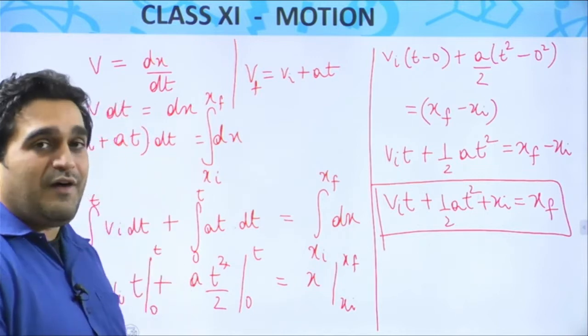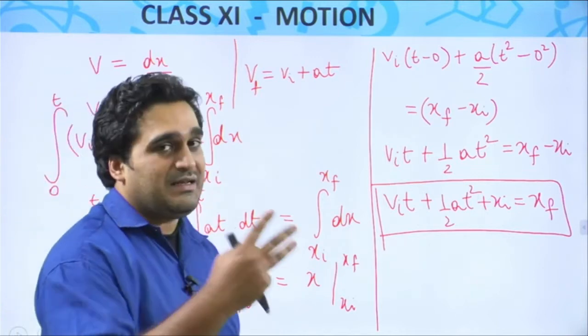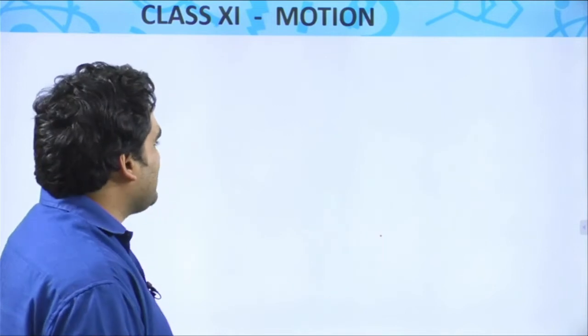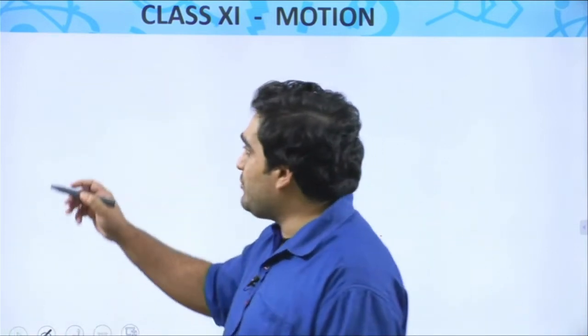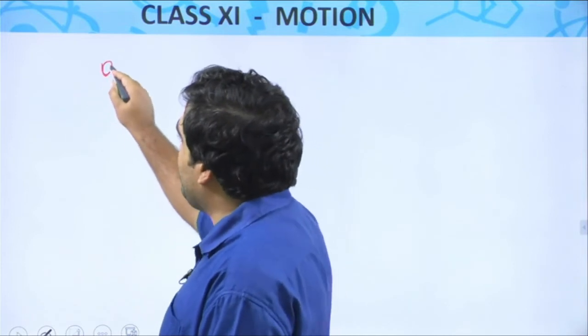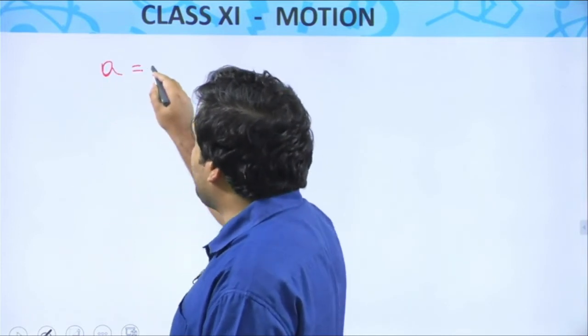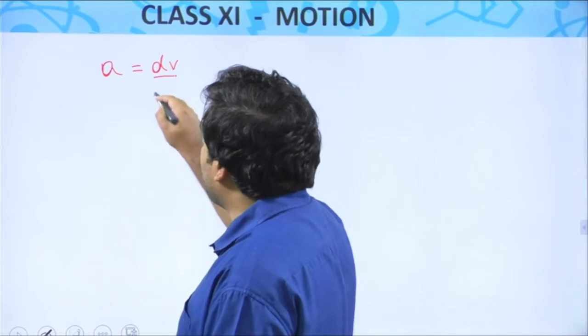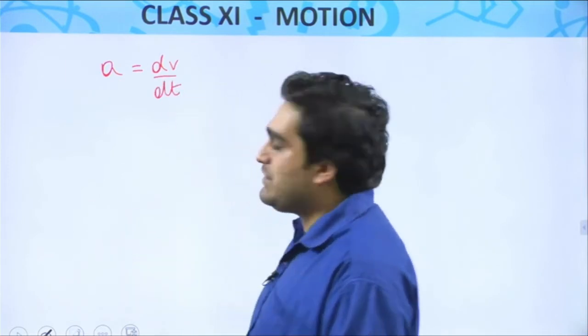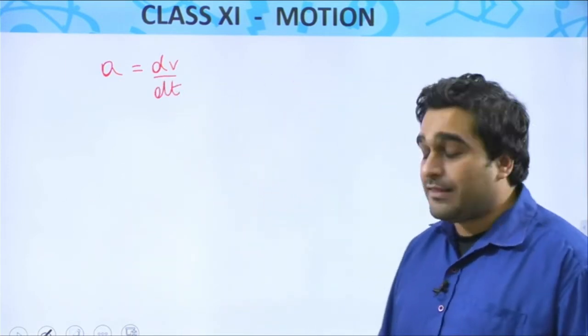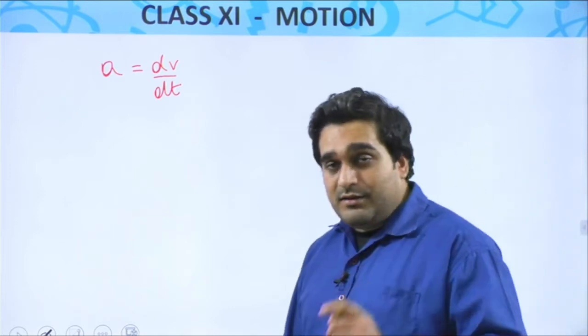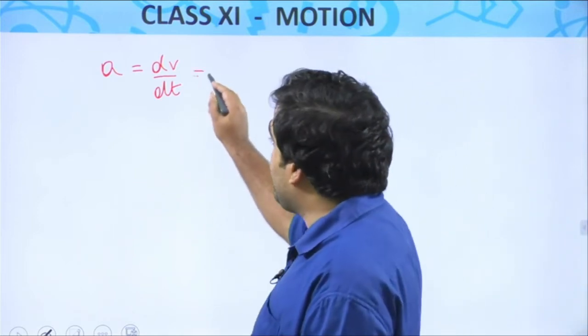And now finally we come to the third equation of motion. So let's deal with the third equation of motion. We consider the definition of acceleration as the rate of change in velocity of an object. Now here, have a look at this, pay attention.